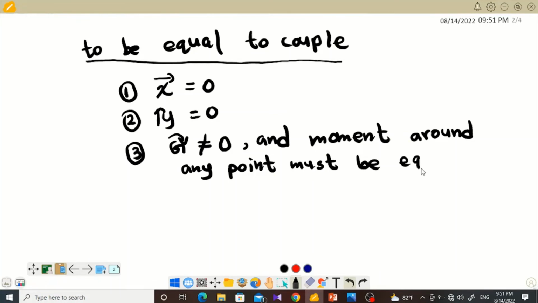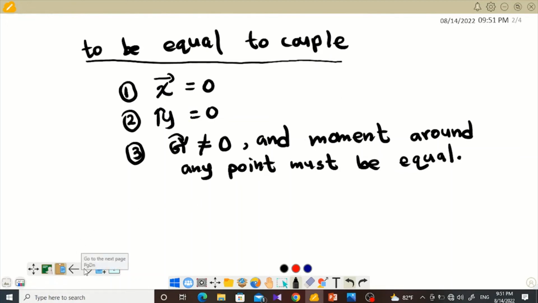So if we take moments around two points, the answers must be equal. So that is the value of the couple. The moment value at any point gives the value of the couple that is equal to the force system.